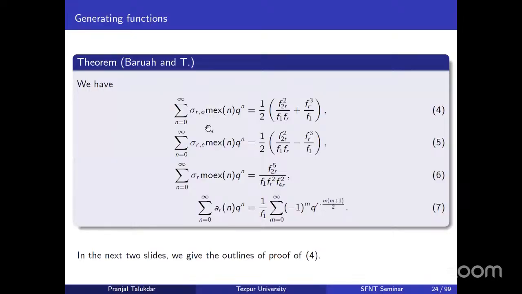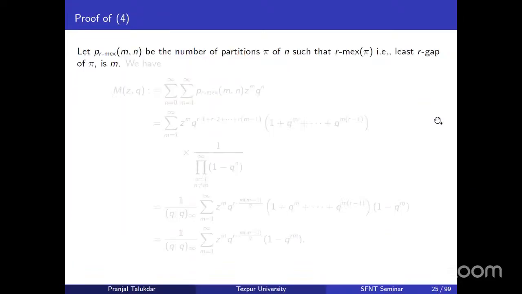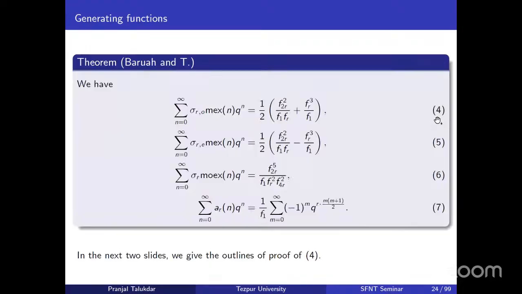We have derived the generating functions. These are the generating functions for sigma r odd max, sigma r even max, sigma r minimal odd excludent, and the counting function. The proof techniques are almost similar. In the next two slides, we'll see a short proof of this identity 4.